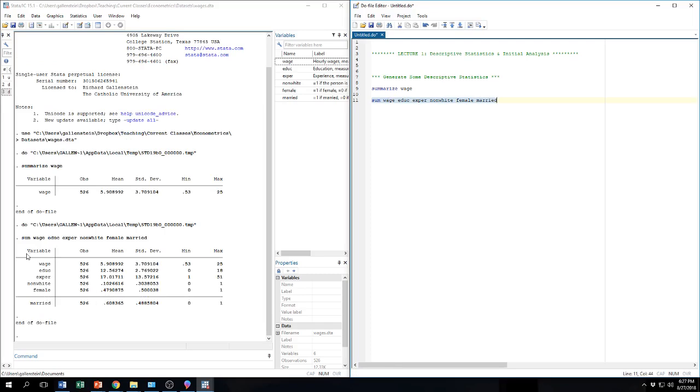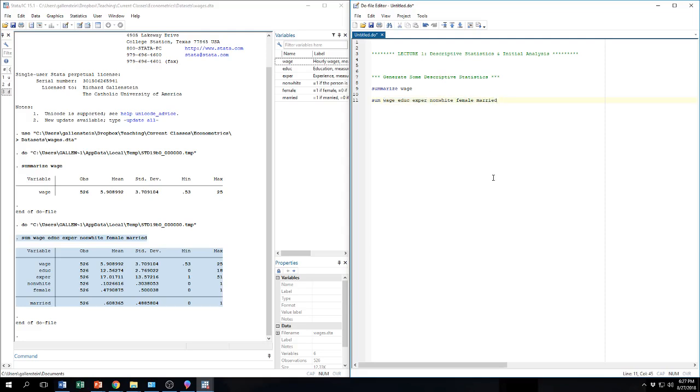It gives me a nice descriptive statistics table. This is the type of table that you're going to want when you write a research paper, because the reader is going to want to know the general characteristics of your data. You could also pick a select few variables if you have a lot of them.